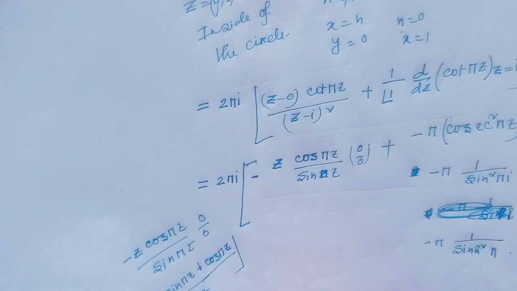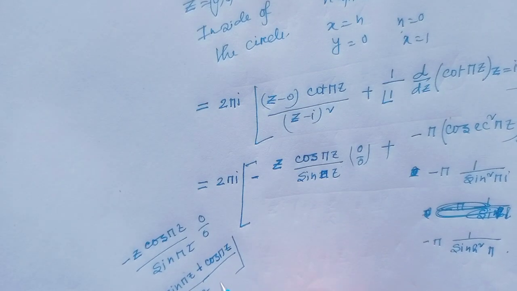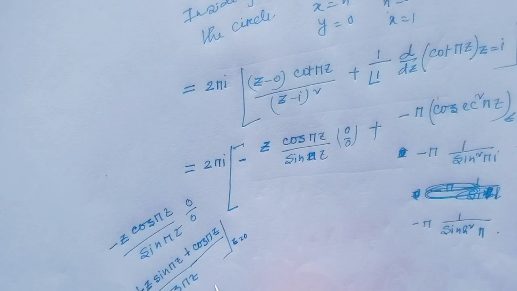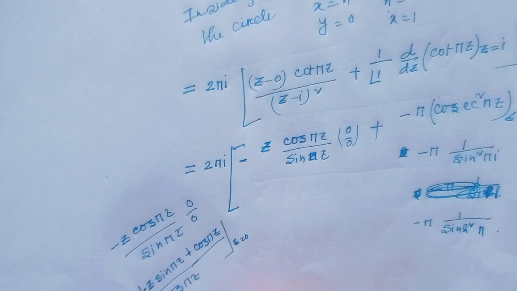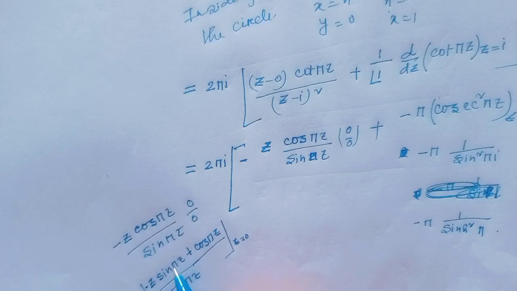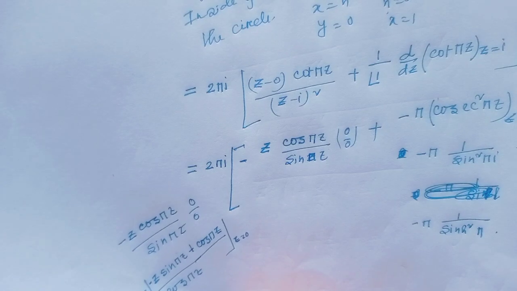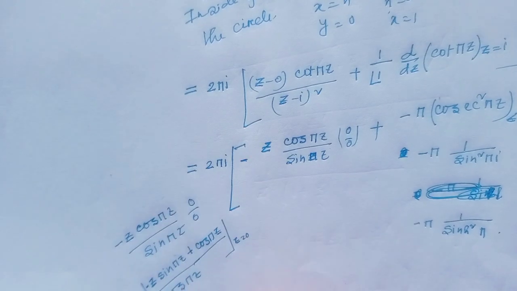Now put the value z equal to 0, then this value would be 0 and cos pi z means 1.